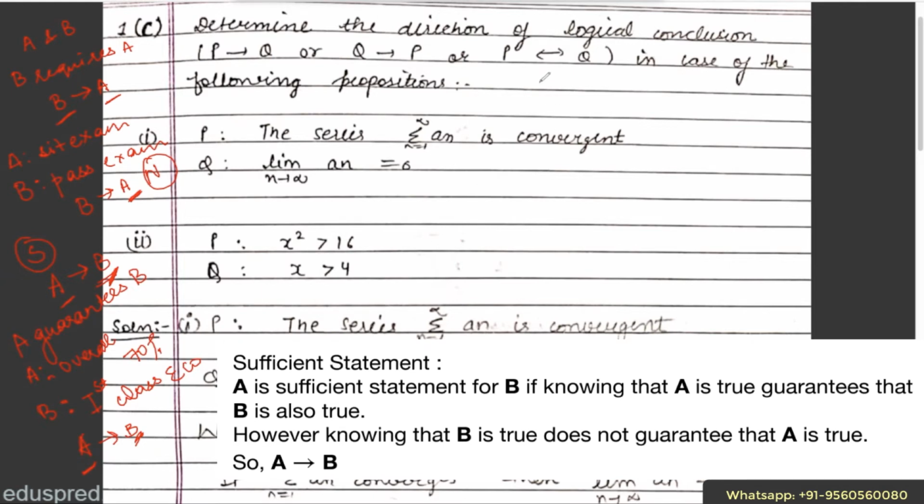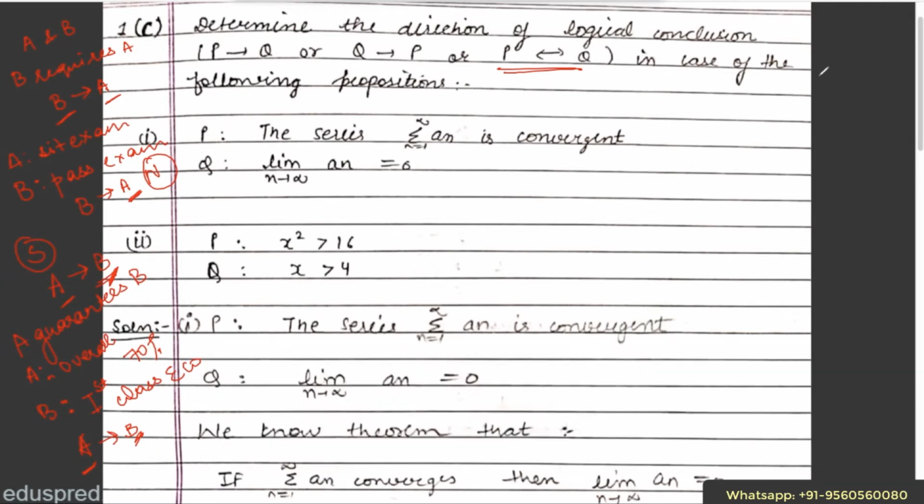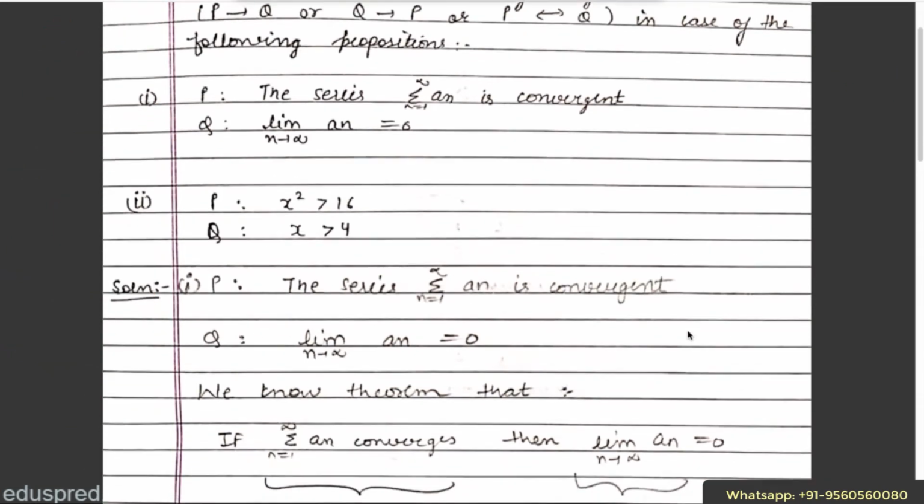Now, the last part we are left with is the equivalence part. If you are able to draw the conclusion that A implies B, and you're also able to draw the conclusion that B implies A, then these two implications can be written together in a single logical equivalence, that is, A is equivalent to B, or A if and only if B.